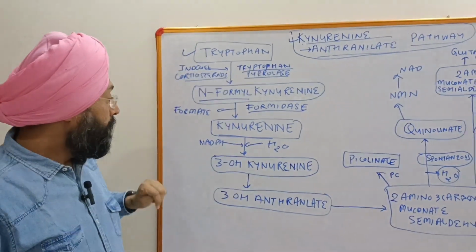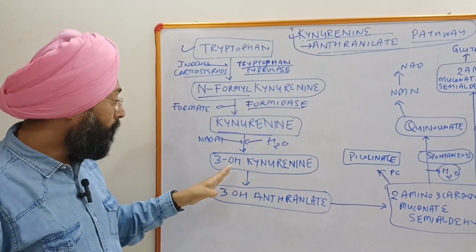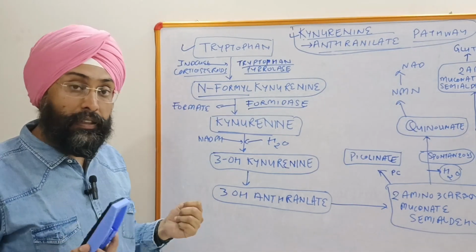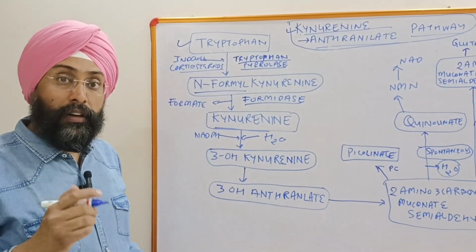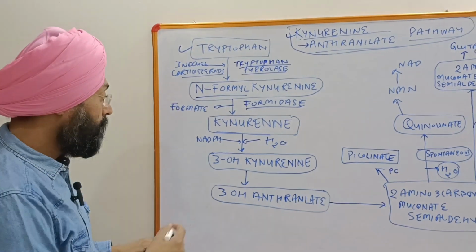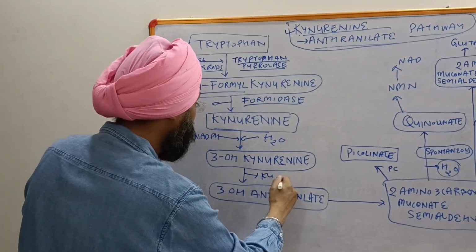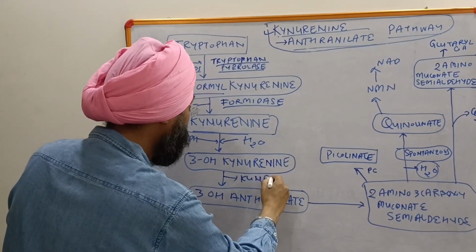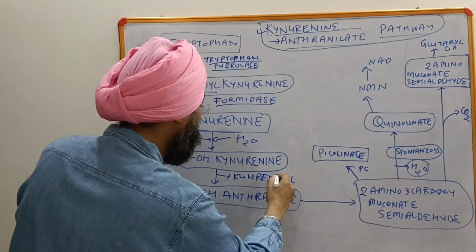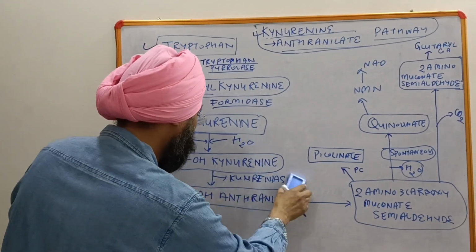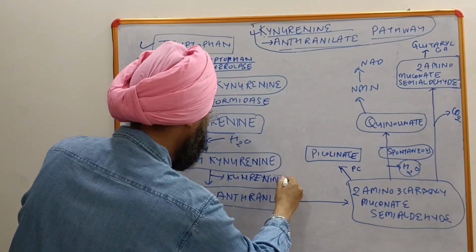right? Now, I told you that Kynurenine is the king and Anthranilate is the son, because his name and fame spread around various continents. 3-hydroxykynurenine, he wants to take retirement, right? So here comes the enzyme kynurenase, right?